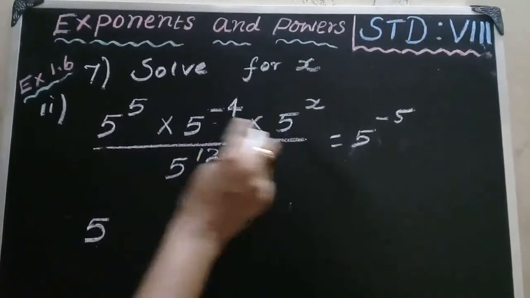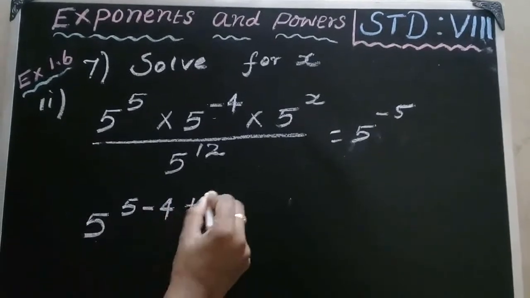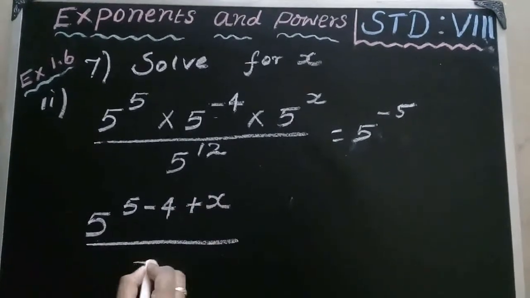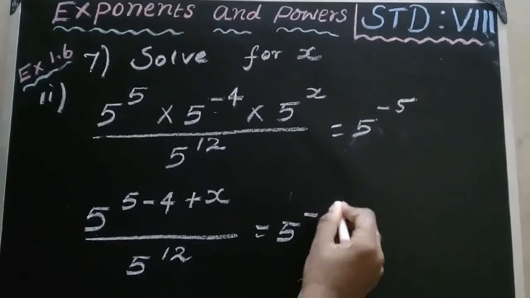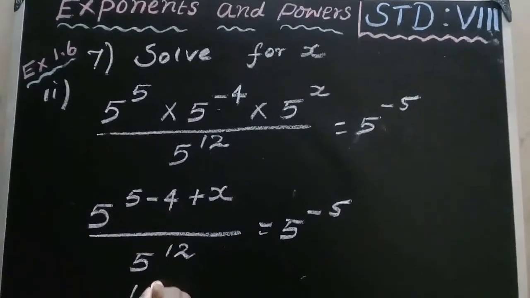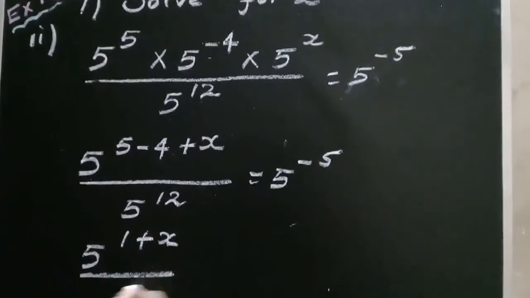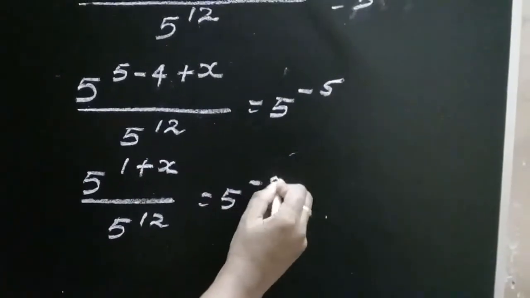Same base means we should add the power. So 5 minus 4 plus x divided by 5 power 12 equal to 5 power minus 5. Now 5 power 5 minus 4, the answer is 1. 1 plus x divided by 5 power 12 equal to 5 power minus 5.